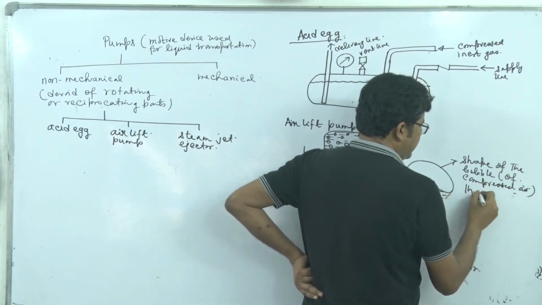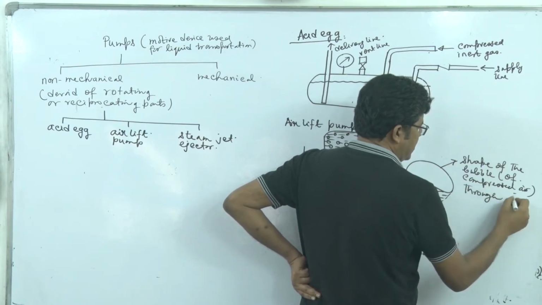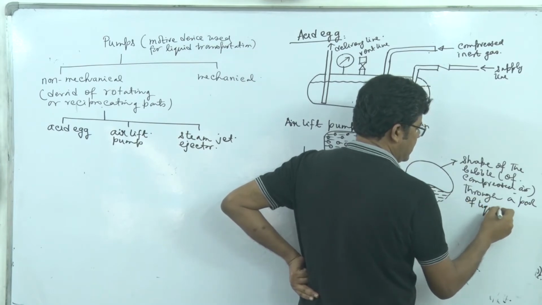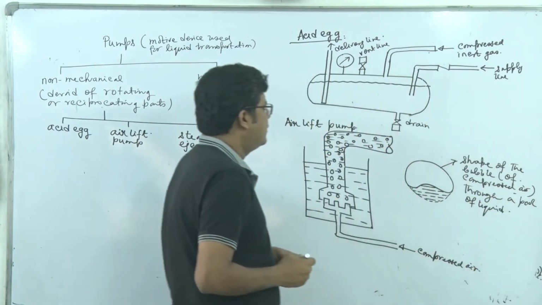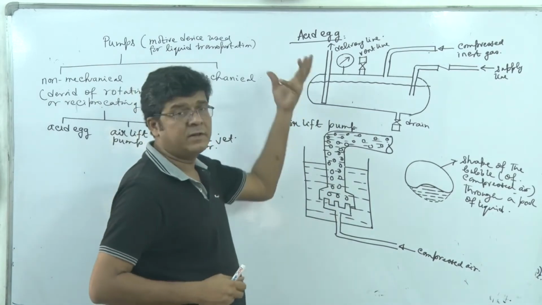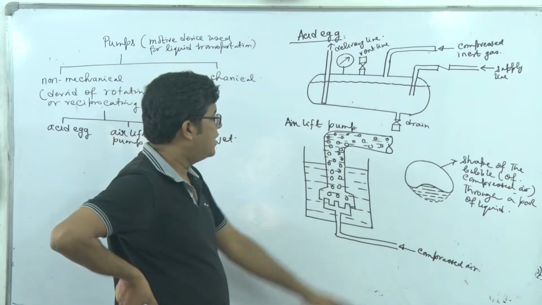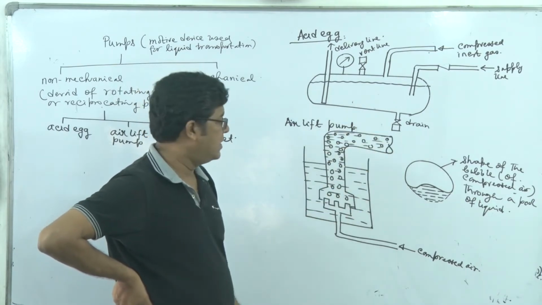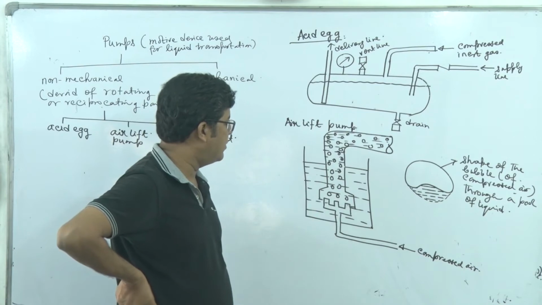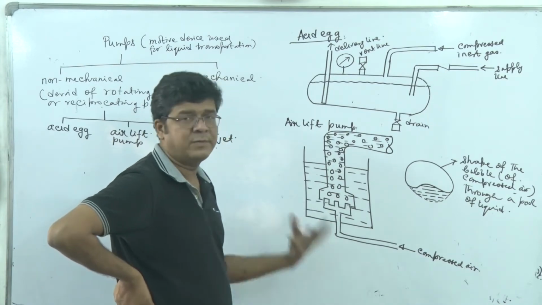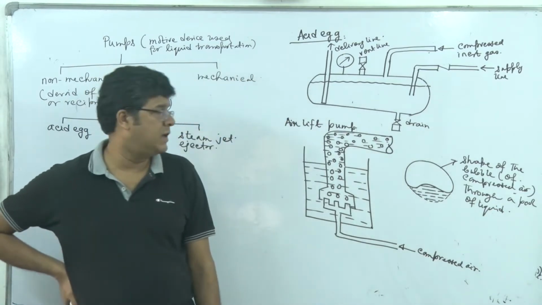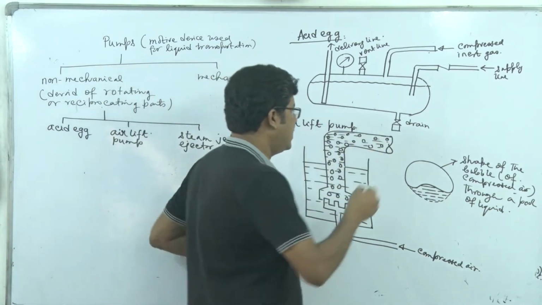These bubbles individually entrain a definite amount of liquid, so if the bubble density, the sparging rate through this distribution system, is pretty high, we can transport an appreciable amount of liquid through this delivery line.